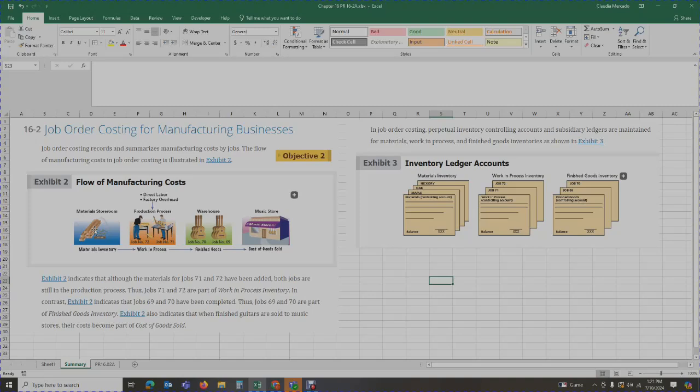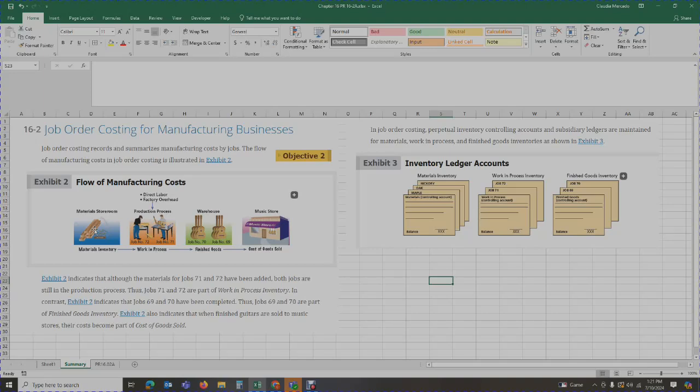They make the guitars, and once it's completed, those completed guitars are transferred to finished goods. Finished goods are the jobs that are 100% complete, that are ready to be sold to customers. So we have in our warehouse our completed jobs.